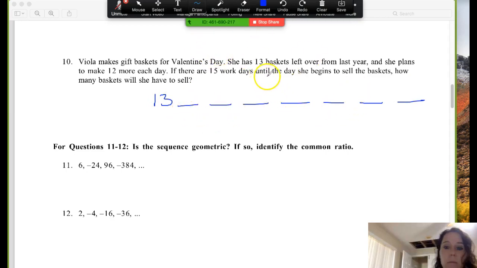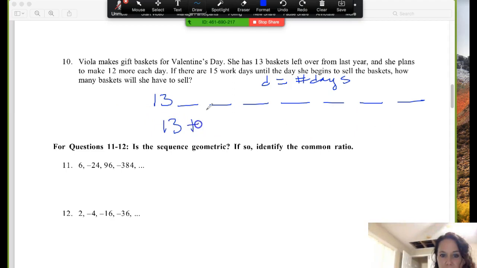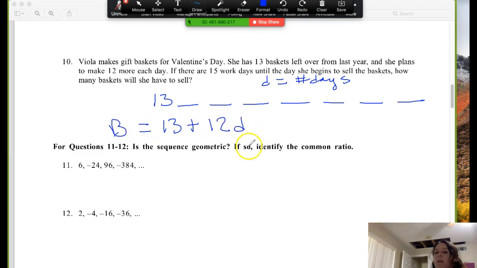Or you could just go ahead and let D equal the number of days and just do a little equation, arithmetic sequence. You start with your first term of 13 and you're going to add on 12 each day. So 12 more baskets times the number of days. All right, that's how many baskets she'll sell. So I'll put B for baskets to sell. We'll equal this.